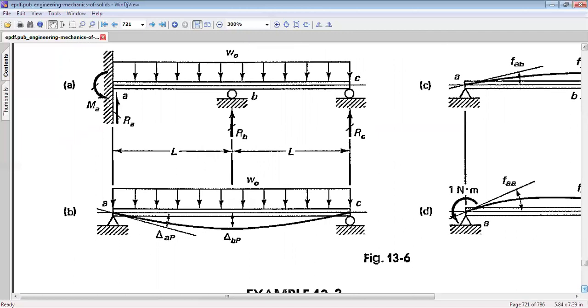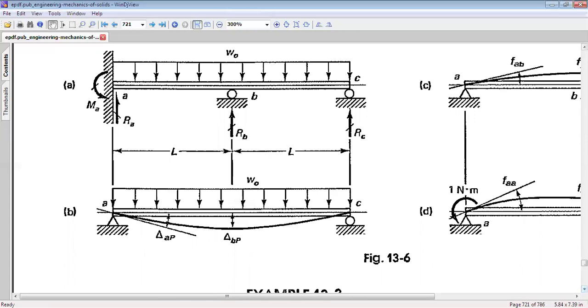Once RB and MA are removed, then by using the deflection equation, we can very easily find out the value of delta BP, which is the deflection at point B due to the external loads, and delta AP, that is again the slope at end A due to the external load w naught.